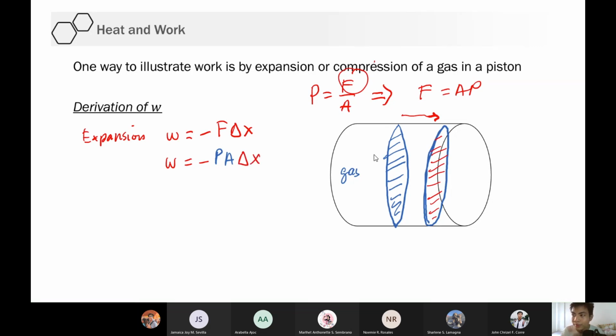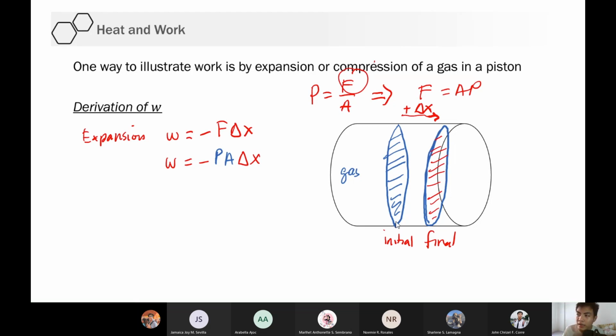And nag-substitute tayo. Now, what is A times delta X? What is area times the change in the length? Positive yung change sa X niyan, ha? Kasi ito yung initial, ito yung final. So, mas malaki yung final kaysa sa initial. So, positive yung delta X natin.